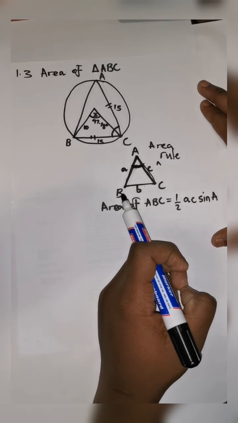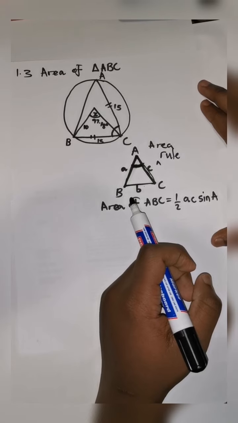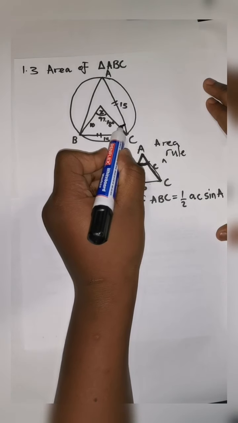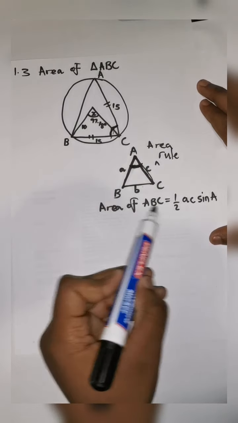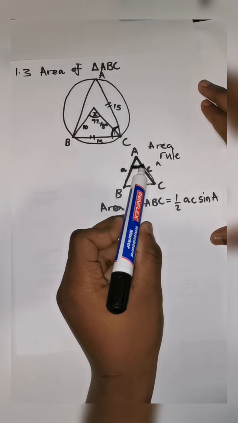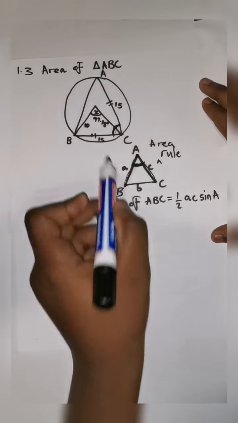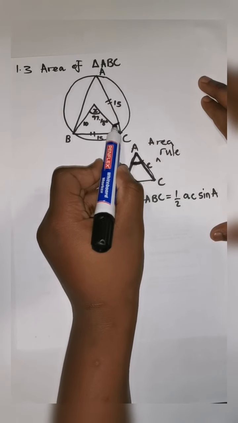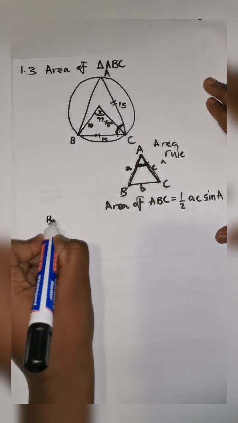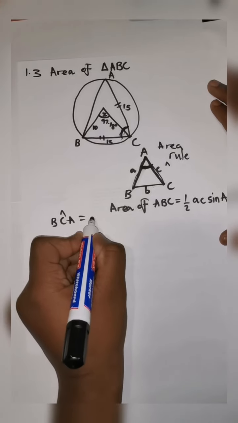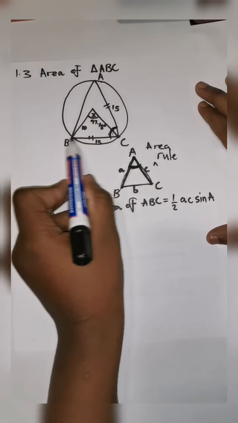Based on all the questions we've done so far, the new information we've found is this angle BCA. Based on the area rule, you need one angle and the lengths of two sides, and this case matches the area rule. So we have the angle BCA, which is the answer for the previous question, and we also have these lengths right here.